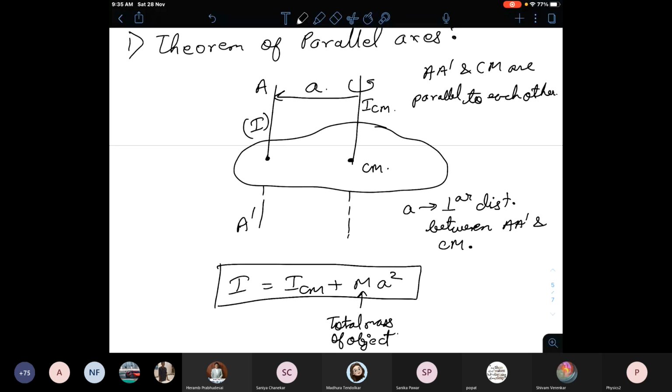If they are parallel to each other, then the perpendicular distance between these two parallel axes is a, and hence I can apply this formula. These are the few important things which you have to take care of before applying this theorem.